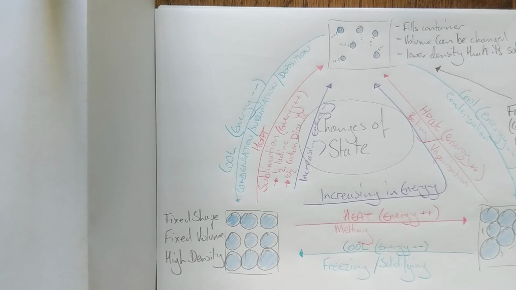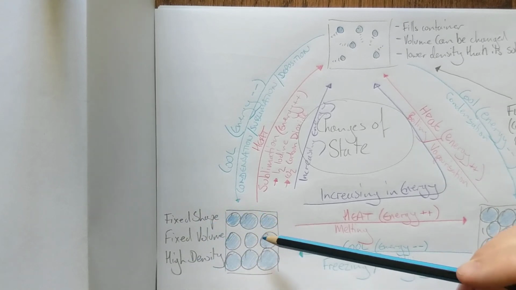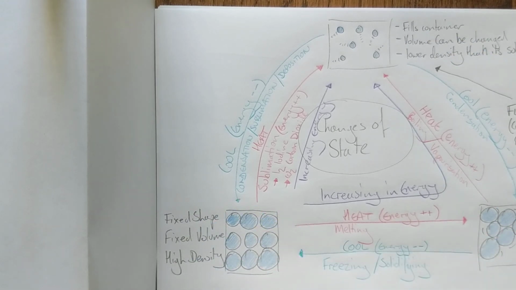We're going to look more in depth into energy. So what you should have learned from this is we've recapped the 3 main states of matter. We've talked about their properties. We've talked about how to get from one to the other, and back again. And it's all about increasing energy or decreasing energy. I suppose I should probably put that on there as well.